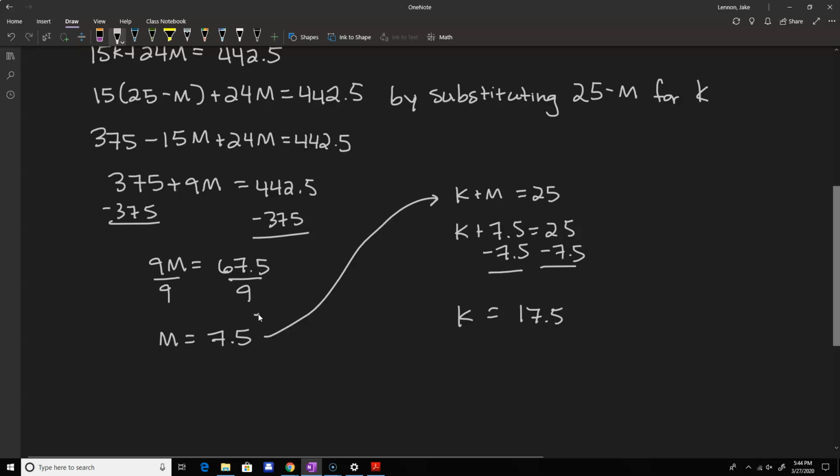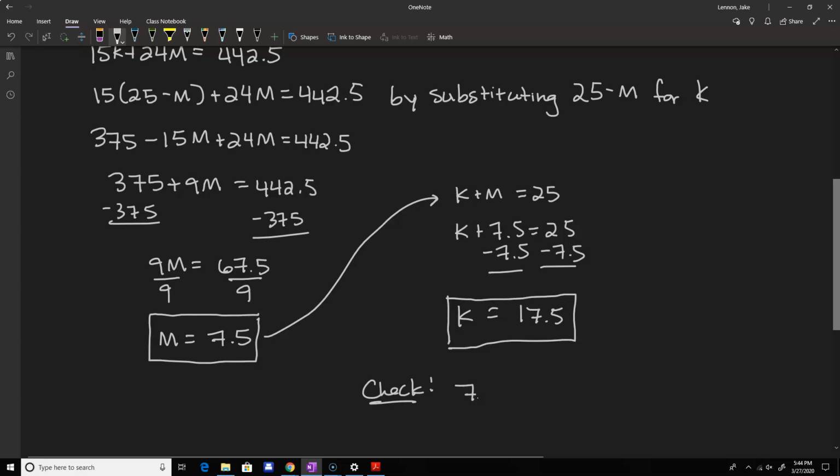So those are our two values. We're mixing 7.5 pounds of Maui coffee with 17.5 pounds of the Kona blend. If we wanted to do a check, we could plug that back into 15K plus 24M. What would the check be? 7.5 times the cost of the Maui, which is 24, plus 17.5 times the cost of the Kona, which is 15.